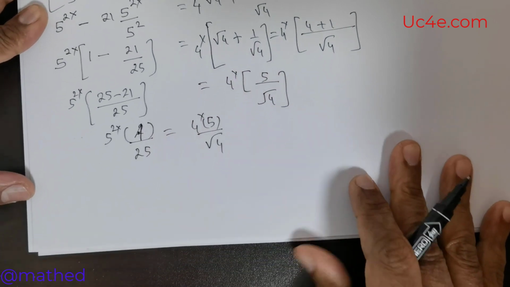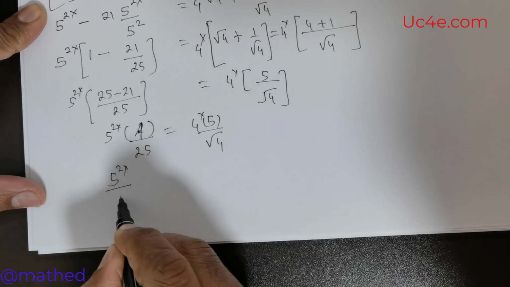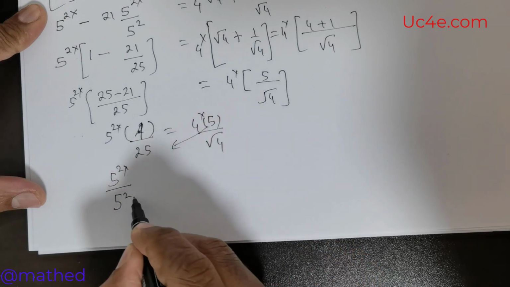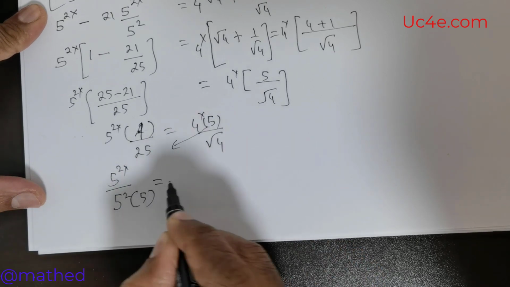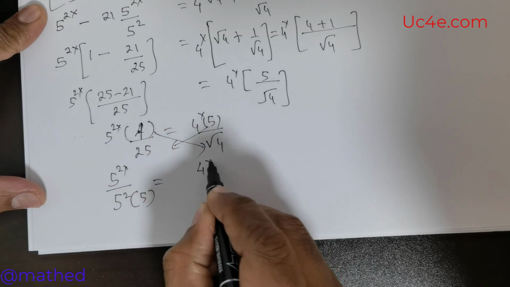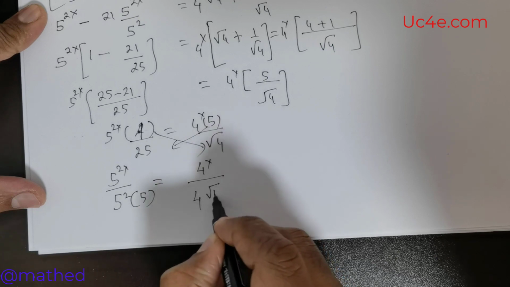Now what I wish to do is write 25 as 5 squared. I would like to move this 5 down, so I've got a 5 there. Then I would like to move this 4 down. So this is going to be 4 raised to the power of x divided by 4 times root of 4.